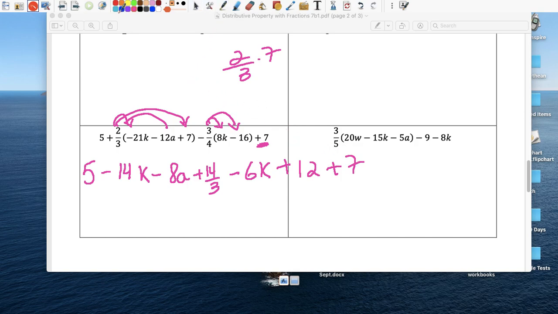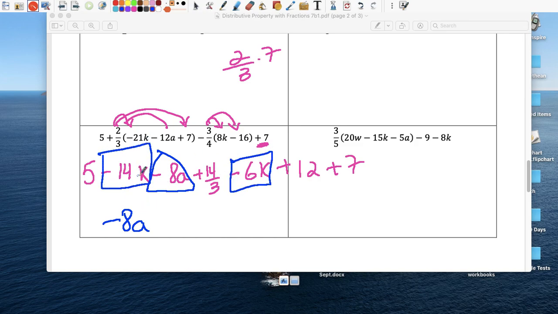Combine like terms. What can we combine? Any k's? Any a's? This is the only a. Good. K's, this guy and this guy. Negative 14 and negative 6 is negative 20k. And then the rest are just constants: 5, 12, 7, and 14 over 3.